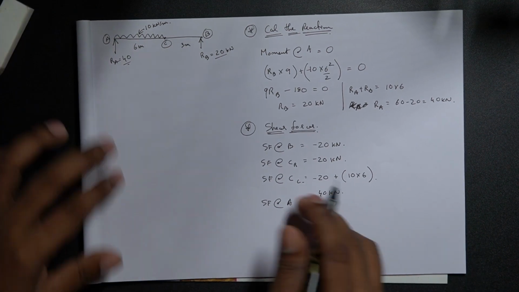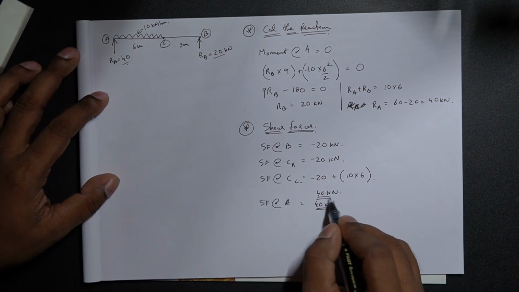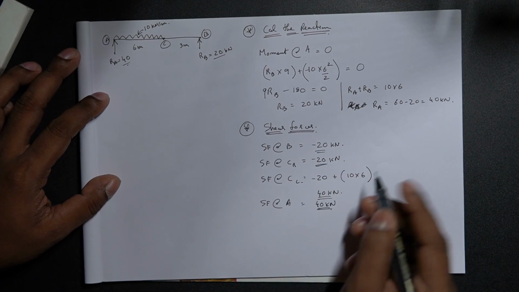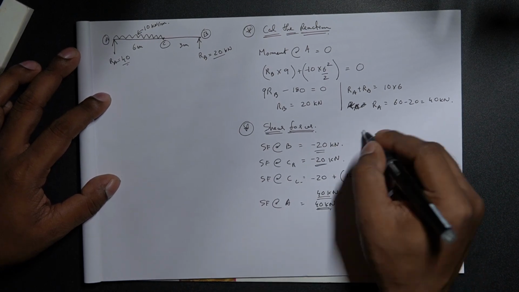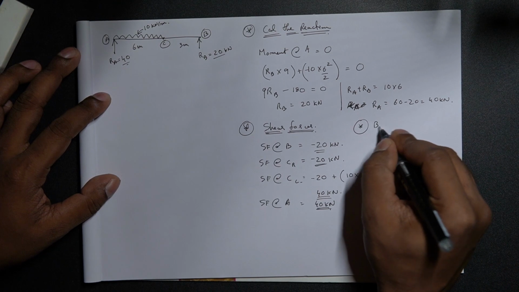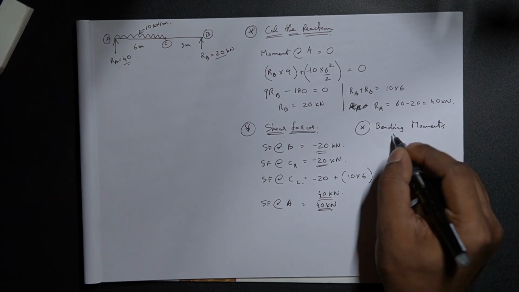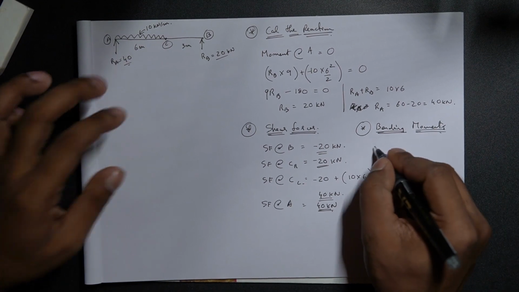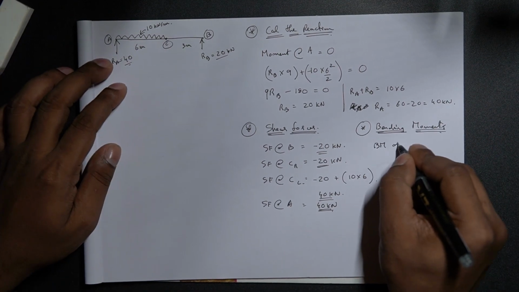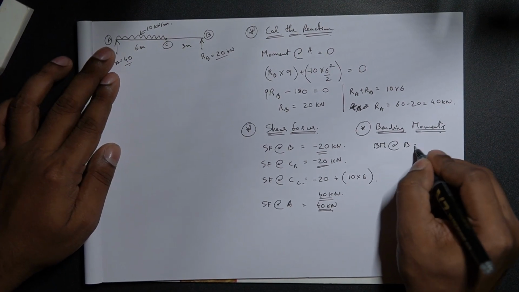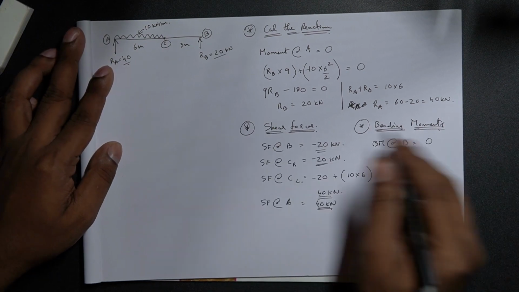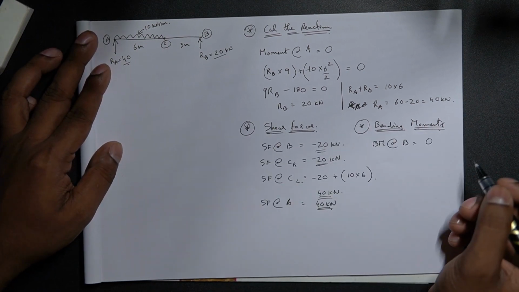So now that we have the shear force at different points, let's calculate the bending moments. Bending moment at point B, again simply supported, it's 0, there's no point in calculating.